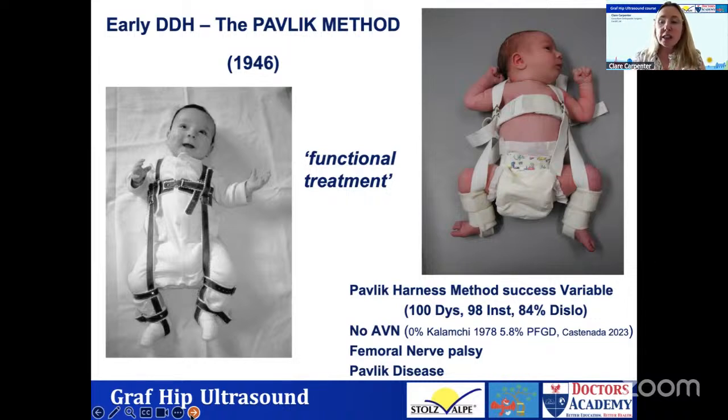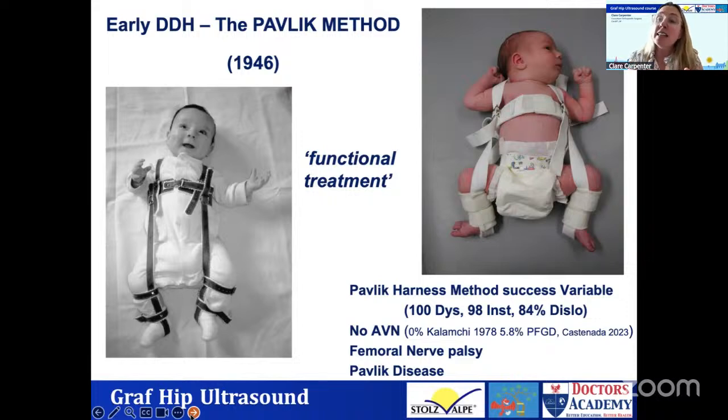Femoral nerve palsy, I'm sure you all know about. If a femoral nerve palsy happens, you take the baby out of the Pavlik, allow it to resolve. There are no cases in the literature of permanent femoral nerve palsy currently. I'm sure somebody will always create one in the future. And again, Pavlik disease, I think, is really quite a significant thing.